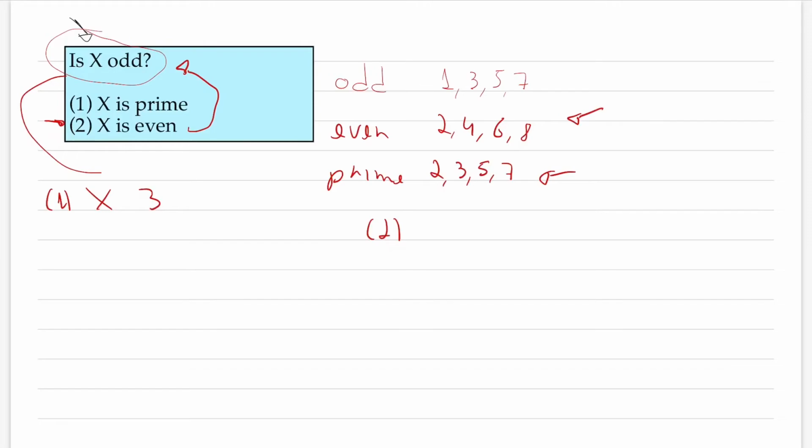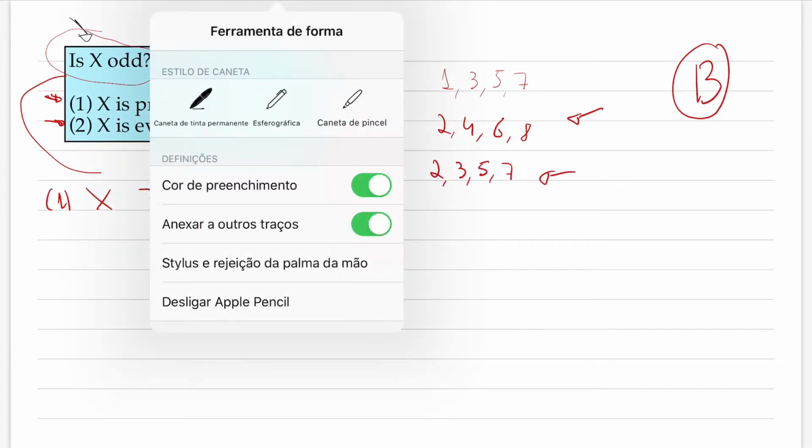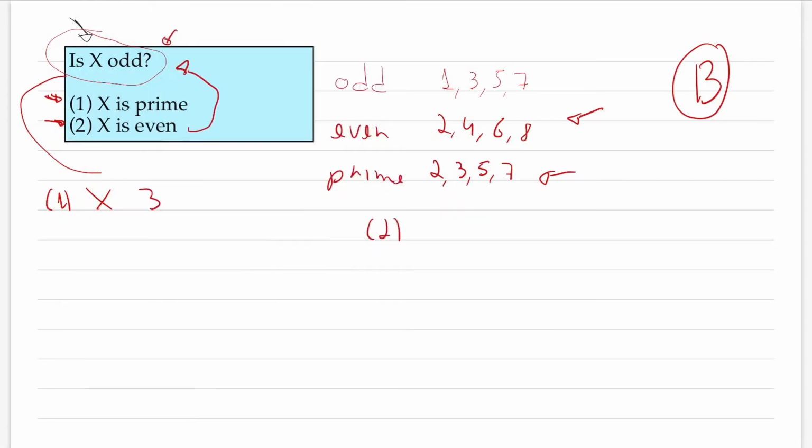So in the test we will have to choose the letter B, because the first statement doesn't give us enough information to answer this, but the second statement gives us enough information. Usually the mistake people make is to look at that and say, okay, X is prime. I don't know what X is. X is even.